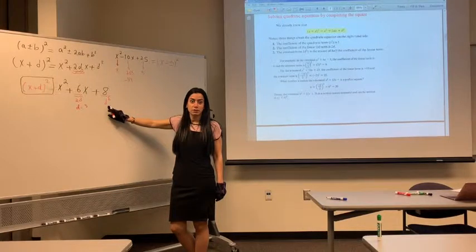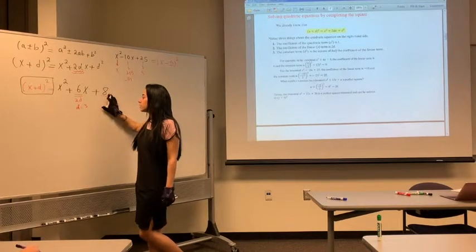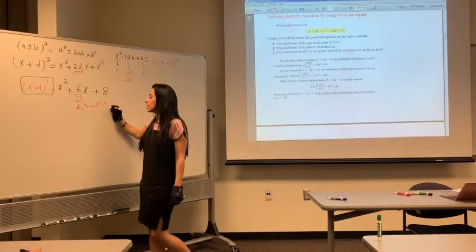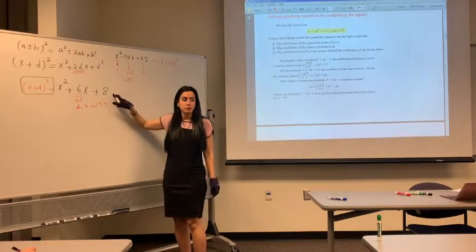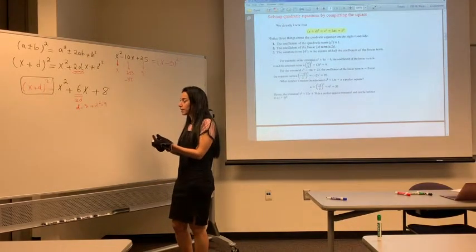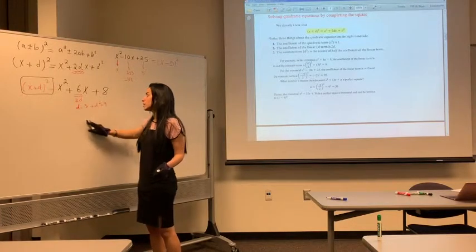But it is not, right? So what do we do? I know from here that d squared is 9, so I need 9 for this equation. I can make it a complete square.